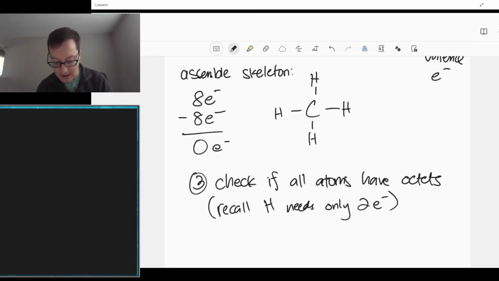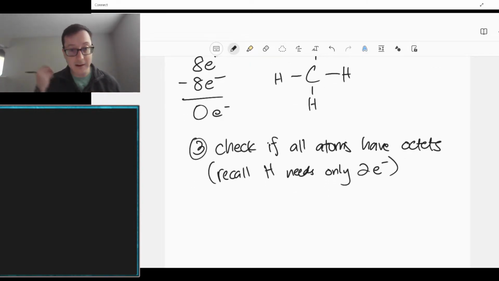And you'd see in this case, yes, carbon has 2, 4, 6, 8 electrons on it. Remember, each line there is 2 electrons. So that carbon has 8 electrons, it's happy. Each hydrogen has 2, they're all happy. And so then we need to consider what to do next.